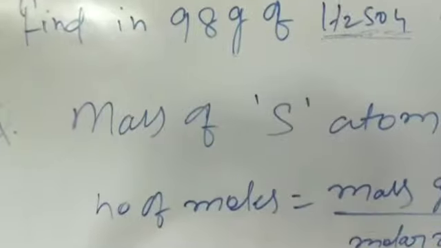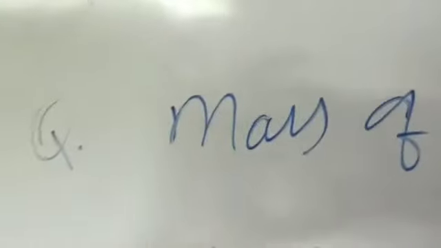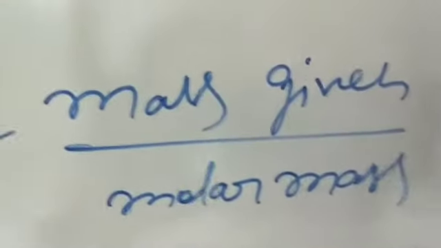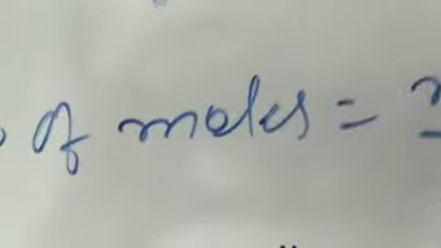Now next question is the mass of sulfur atom. For finding the mass of sulfur atom, you must know its moles. Actually, there is a formula that we already know. Number of moles is equal to mass given upon molar mass. The number of moles that I already found in the first question is 1 mole.